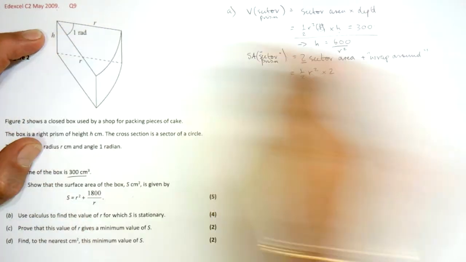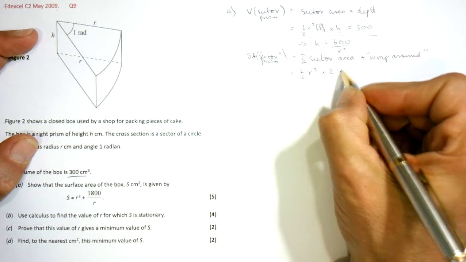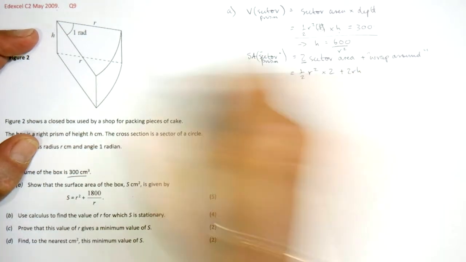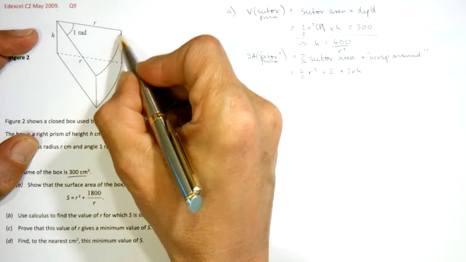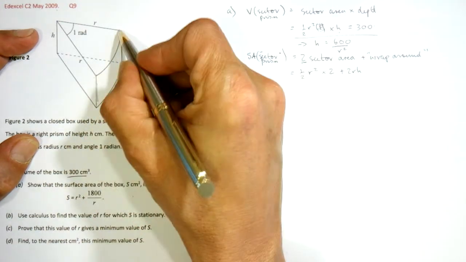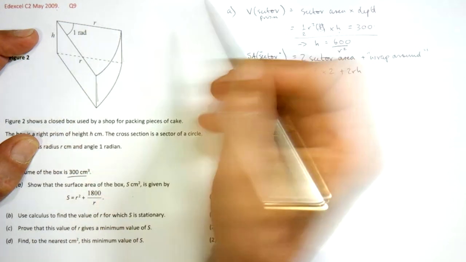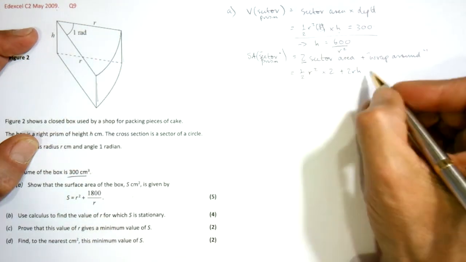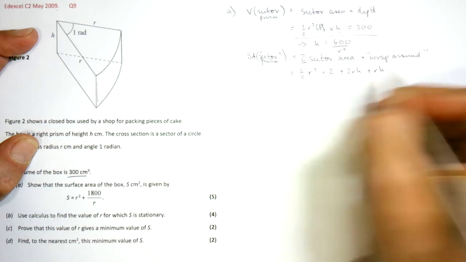We've got the same rectangle there, so we've got plus 2rh, and then we've got this, which is height of h, and the length of this bit is r theta, but theta's 1, so plus another rh.